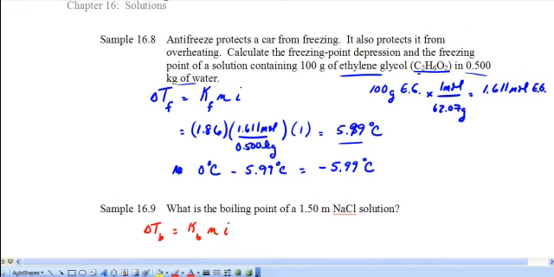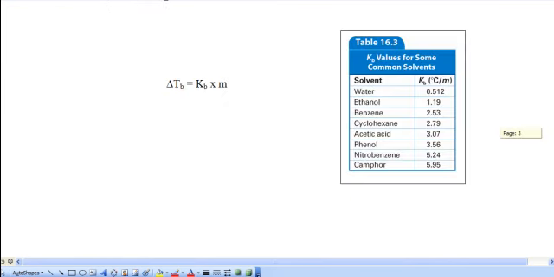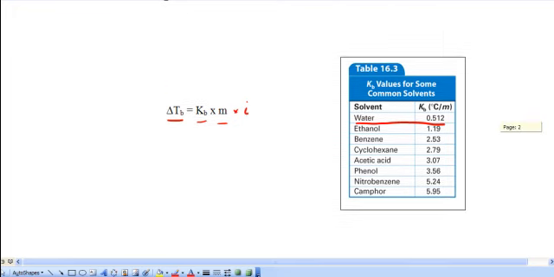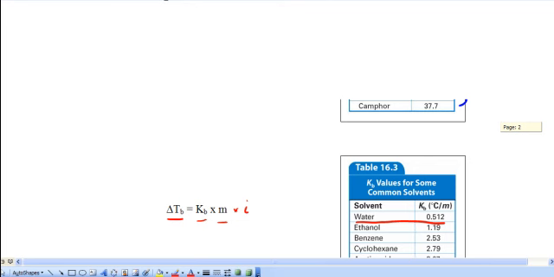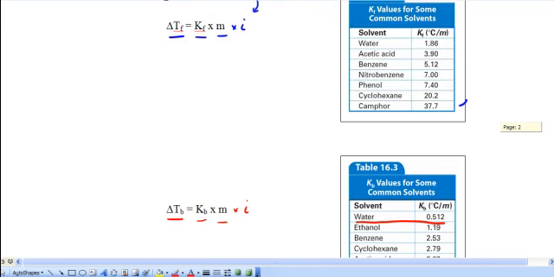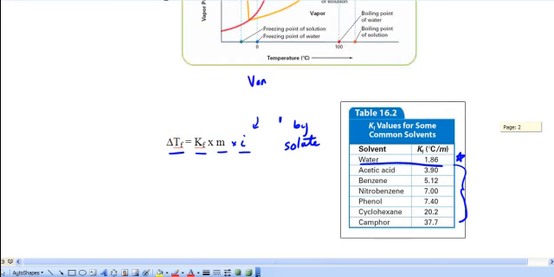Well, the boiling point elevation constant, let's go ahead and scroll up here. The boiling point elevation constant for water is 0.512. And by the way, let me scroll up just for a second. We did forget a T in the Van't Hoff factor, so let's just go ahead and correct that.